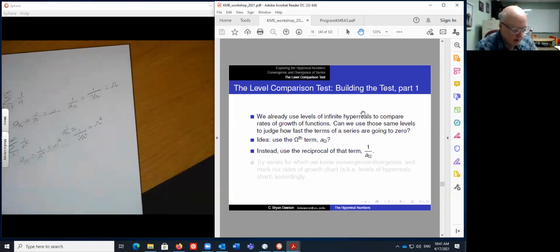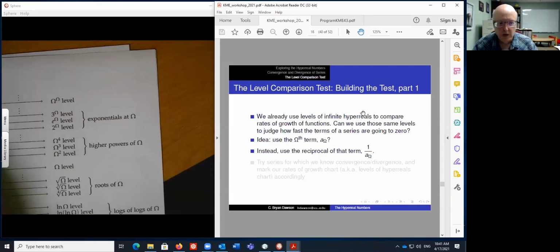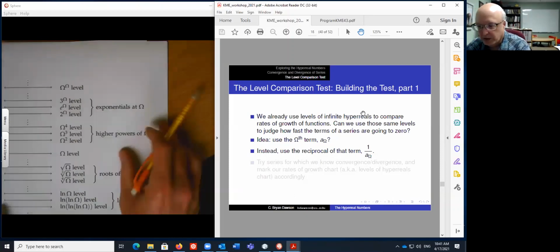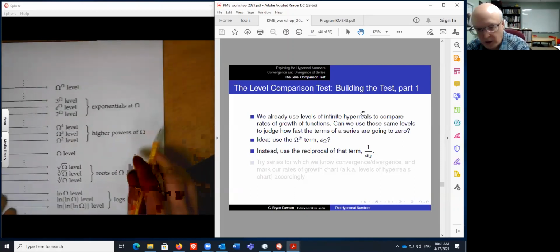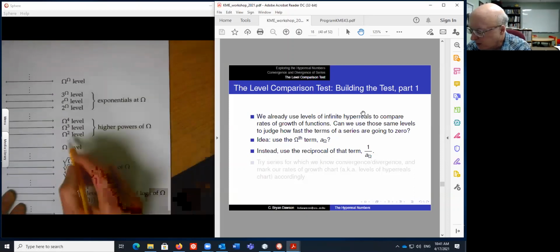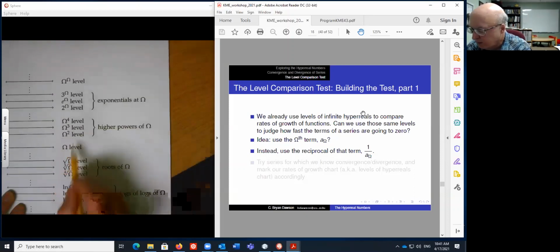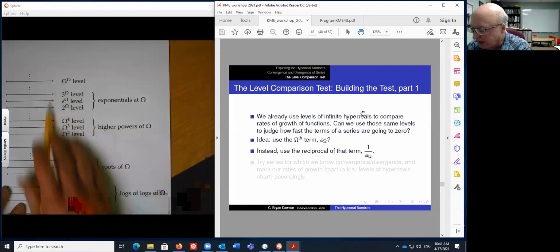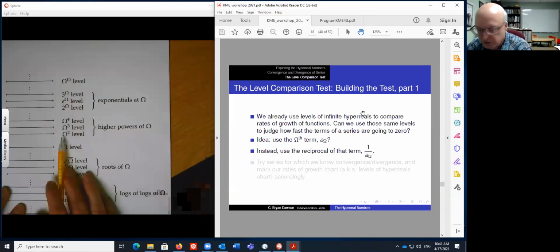Now, when we looked at our chart with levels of hyperreals, we saw that omega squared was on a higher level than capital omega. So maybe if terms are going to 0 real fast, like these up here, your series could converge.